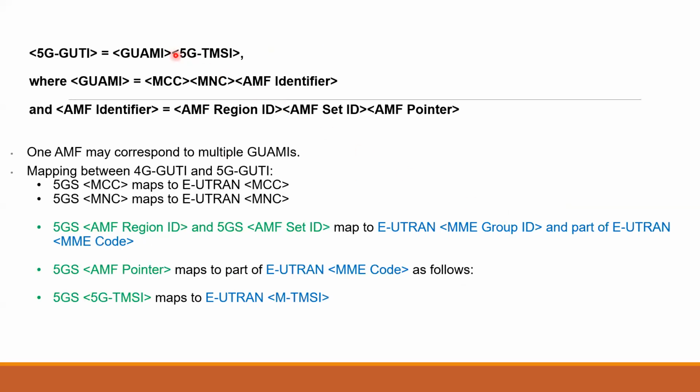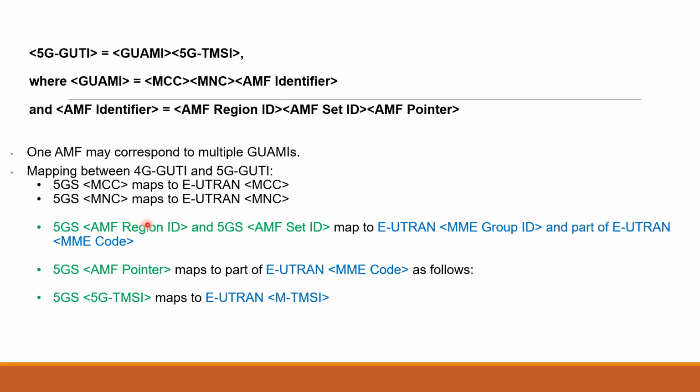So 5G GUTI consists of two components, the GUAMI and the 5G TMSI. The GUAMI consists of your MCC, MNC, and AMF identifier, and further your AMF identifier consists of region ID, set ID, and pointer. Now, one AMF may correspond to multiple GUAMIs. If you check the mapping between your 4G GUTI and 5G GUTI, in 5G the MCC is the same as 4G MCC, and the 5G MNC is the same as your 4G MNC.